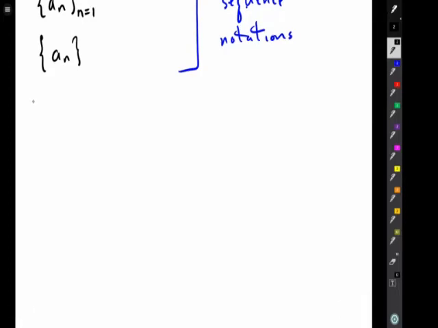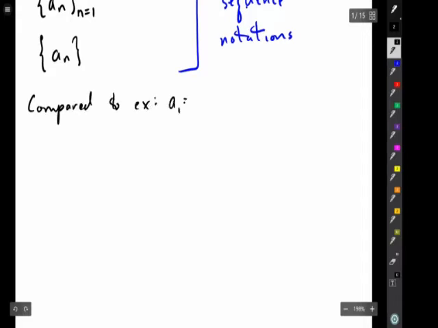Compared to the example, a1 would be 1, a2 would be 2, a3 would be 4, a4 would be 8, and so on.